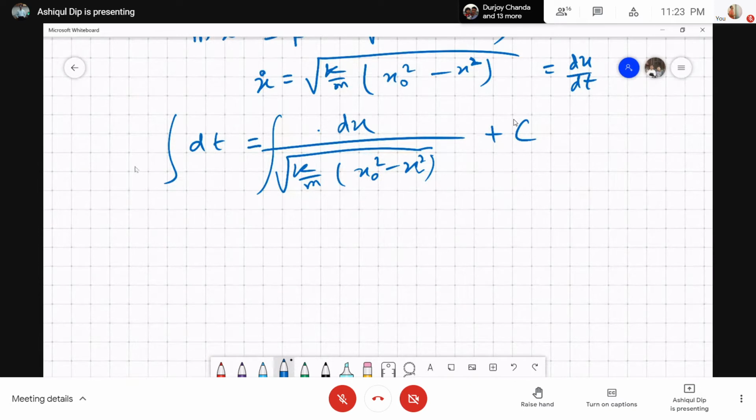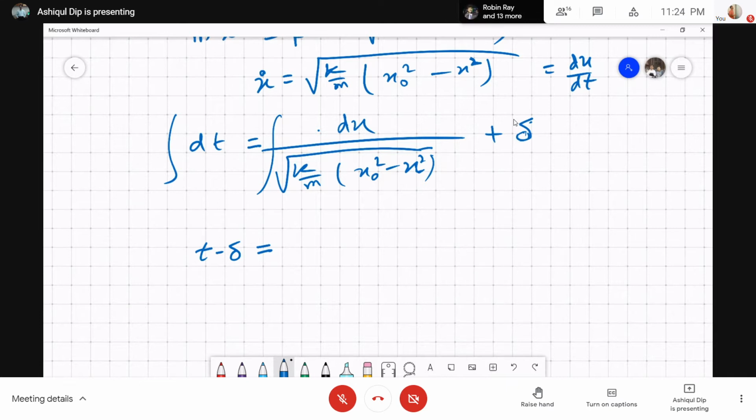So let's call this initial thing, instead of c, delta. So it gives you t minus delta equals what's the integration of this thing? Something into sine inverse x.